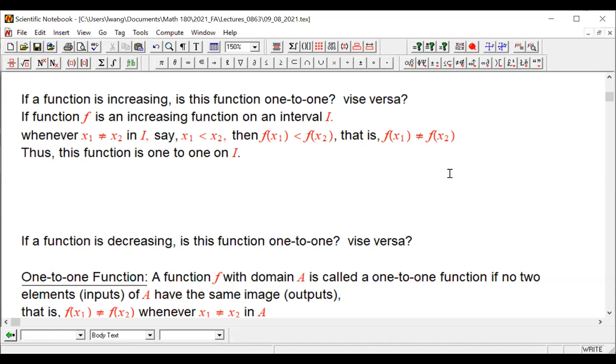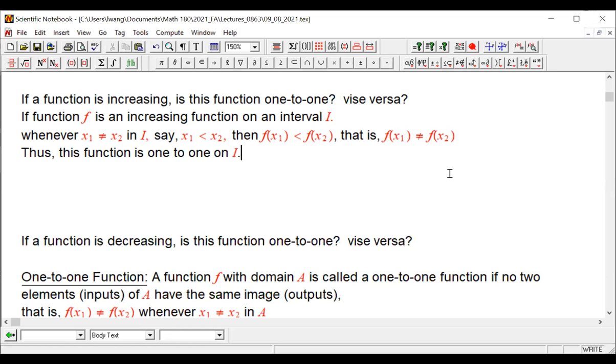Then you could say, what if x1 is greater than x2? Well, because it's increasing, f of x1 is larger than f of x2. I'm giving you a glimpse of the thinking in calculus, even though not for the same concept; this is basically the methodology of thinking. For decreasing function, you can make a similar argument, but I'm not going to spend too much time here.